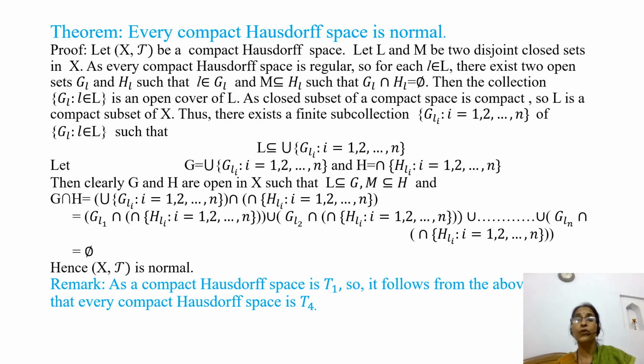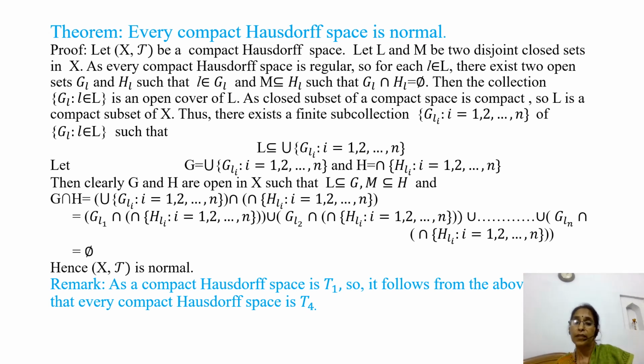It remains to show that G and H are disjoint, so we take their intersection and we write the union of G_li, i varies from 1 to n, intersection of H_li, i varies from 1 to n. Since intersection distributes over union, we can write G_l1 intersection of H_li, union G_l2 intersection of H_li, like this.